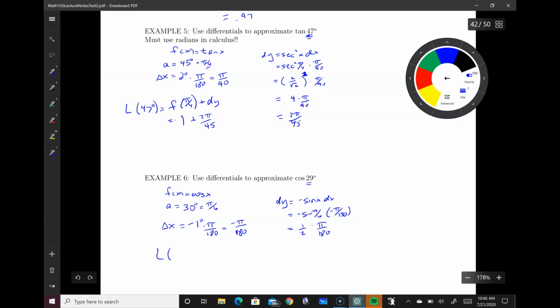So my linearization at 29 degrees will be f of a, f of pi over 6, plus my dy. So cosine of pi over 6 is root 3 over 2, plus my pi over 360. And that's it.